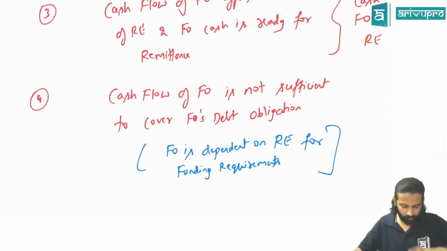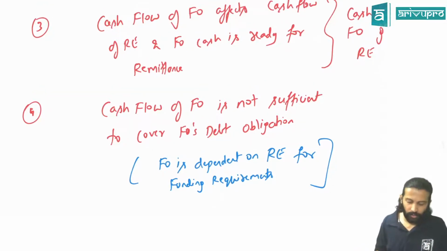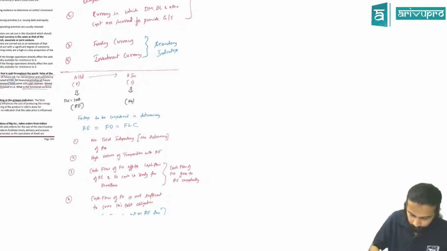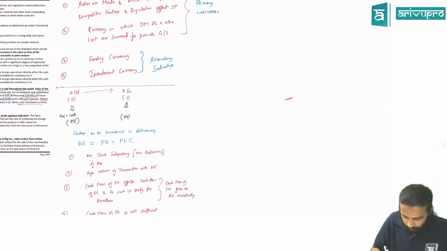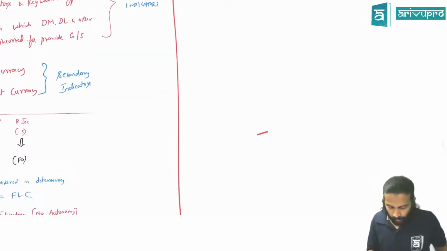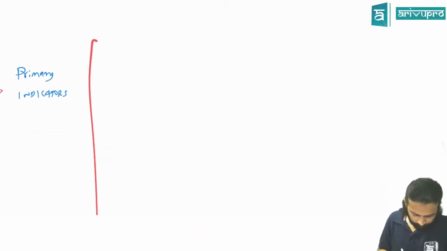Are we okay with this? I'll give you a simplified example. Let's say there is a father.